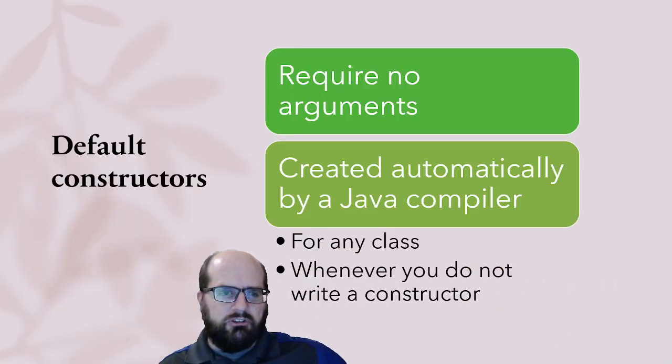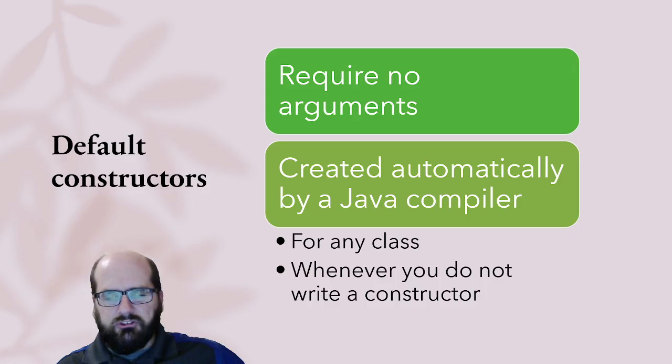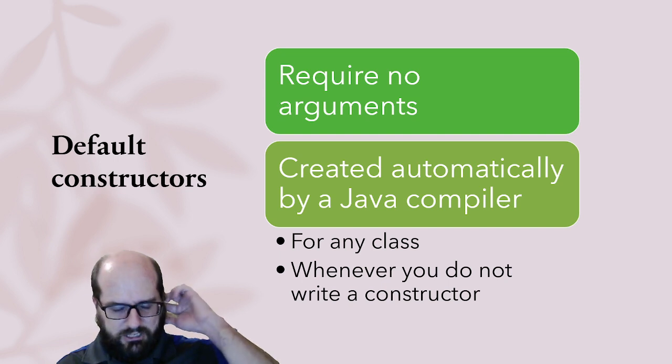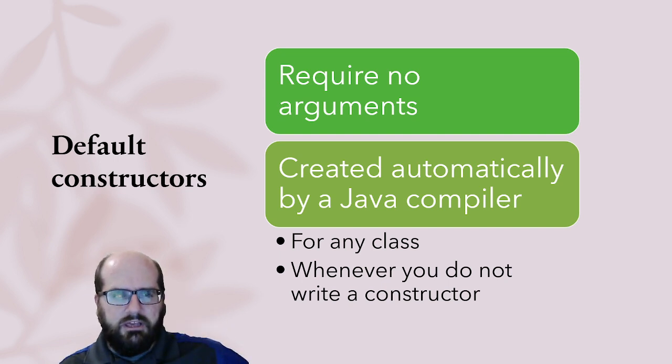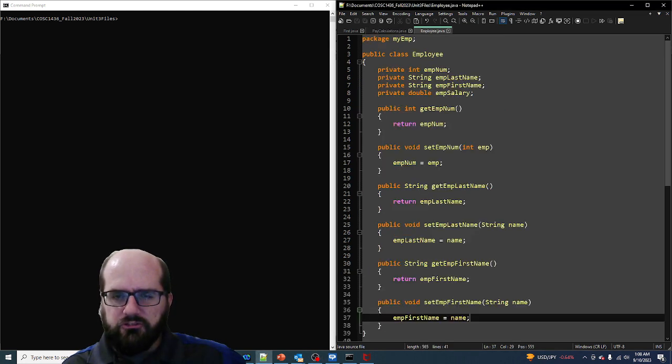Now, a default constructor requires no arguments and is created automatically by the Java compiler. This happens whenever you don't write a constructor. Going back to my code, you will see that for the employee, there was no constructor set up.